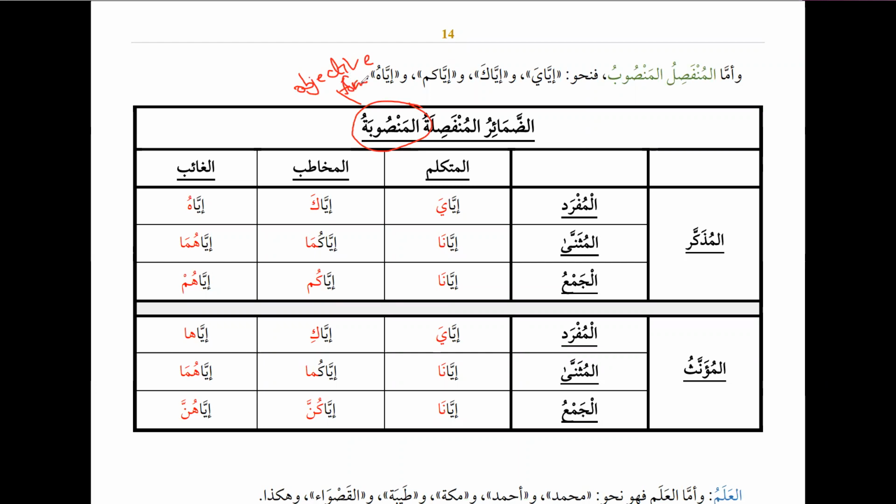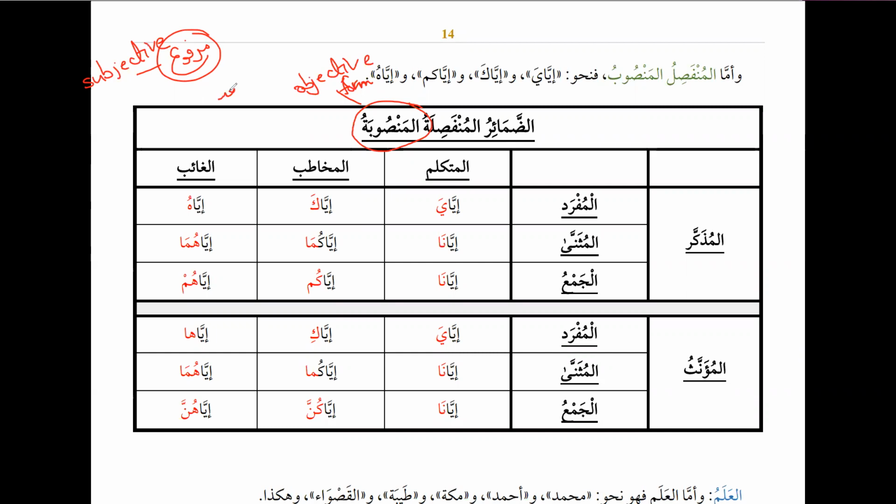Right now, I know that we haven't really learned what is rafa', nasab, and jar, and that is because we haven't yet learned the different roles there are for the words and sentences. If we learn that, then we are going to, inshallah, move on to the other matters. But it's important to know that when I use the word marfu', it means subjective forms.